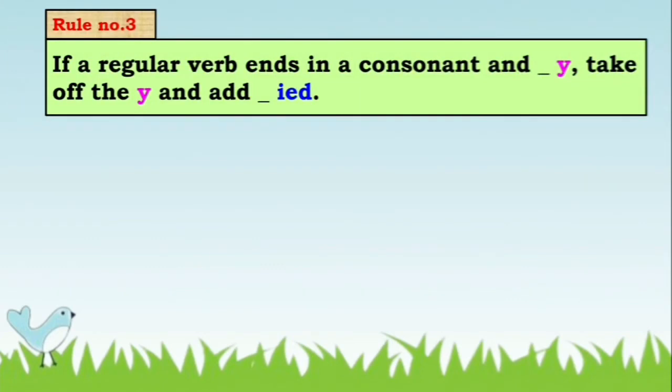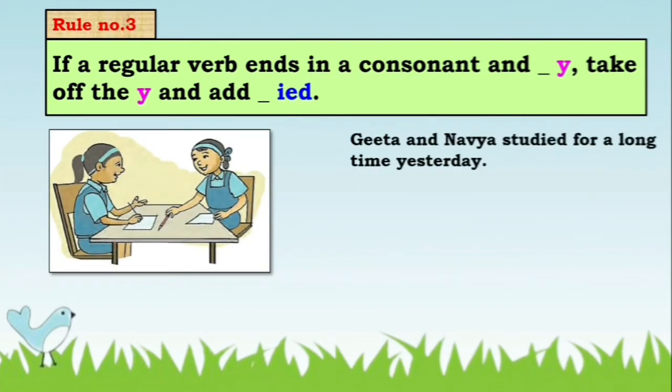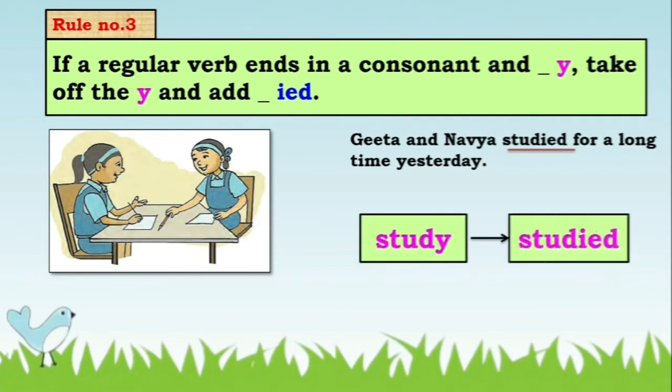Rule number 3. If a regular verb ends in a consonant and Y, then take off the Y and add IED. For example, Geeta and Navya studied for a long time yesterday. Here, the verb is studied. So, the base form or the original form of the verb studied is study. Study, studied.